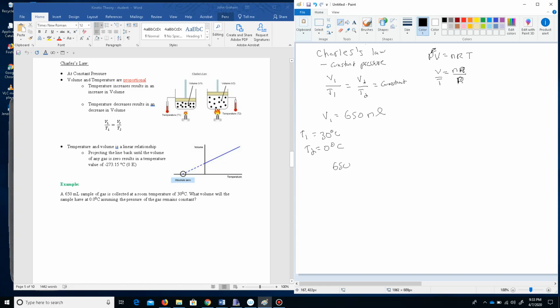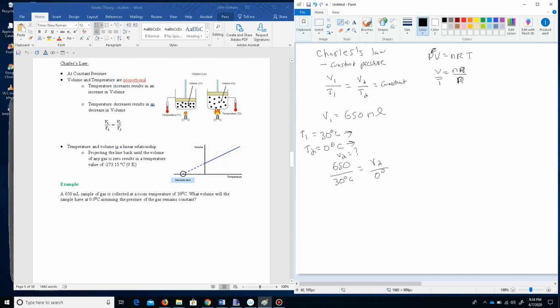So 650 over 30 degrees Celsius equals V2, which is what we want to find, over 0 degrees Celsius. This is the problem. We can't divide this, and because we can't divide this, we're setting a whole problem up where it's not allowed. We have to switch these to Kelvin.